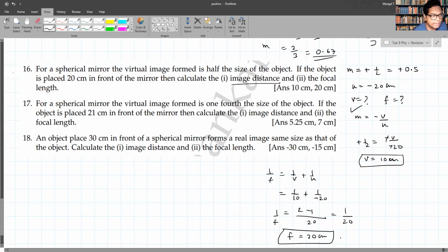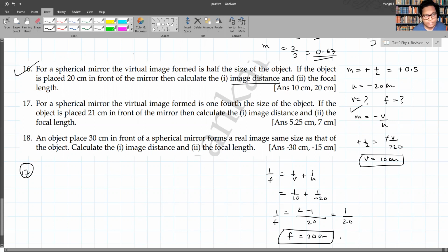Any questions in this? So how did you get m is equal to plus half? This m is equal to plus half, that's what I said. The image is virtual, that's why it is plus. And the image is half the size of the object. Okay, that's why there is a half over here.